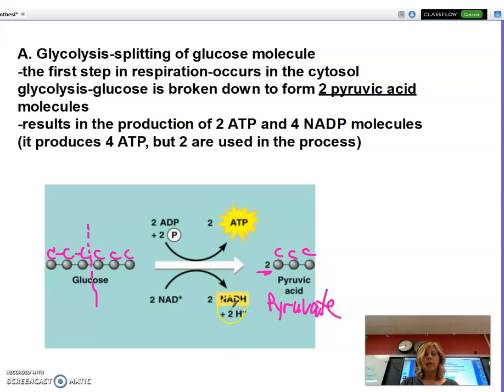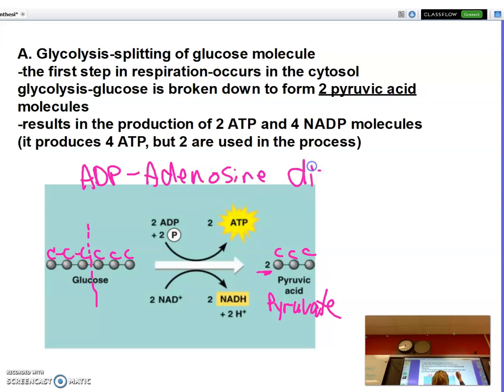We also get something called ADP, adenosine diphosphate. So di means 2.